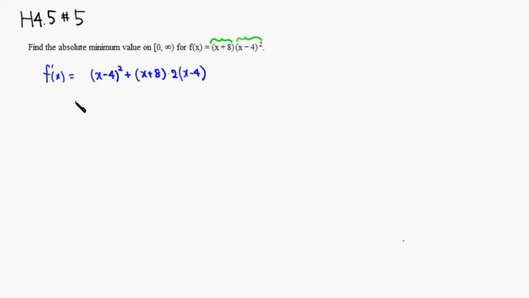Then we can factor out the common factor, so you have x minus 4 there. There are actually 2 of them there, so we're going to put x minus 4, and what's left is x minus 4. Then don't forget to distribute 2 to x and 2 to 8.